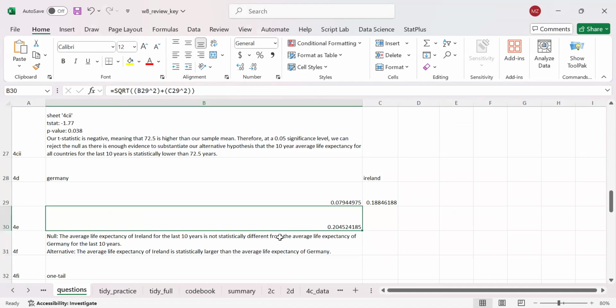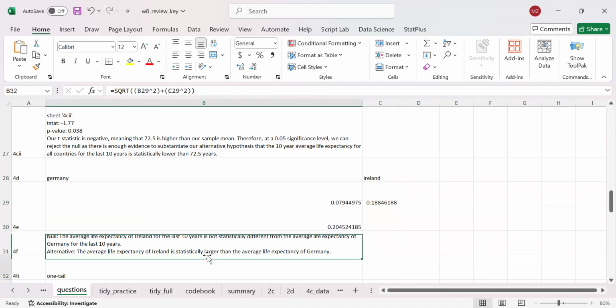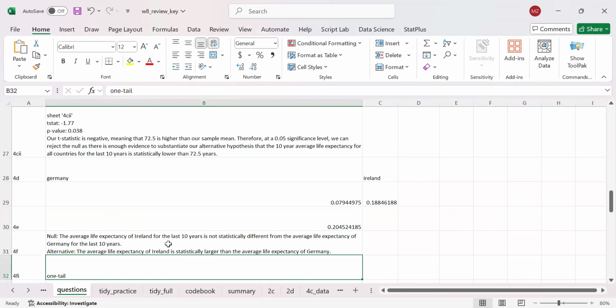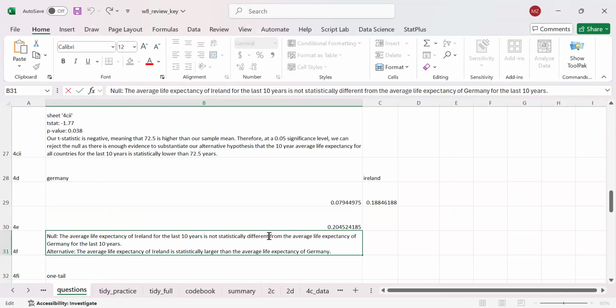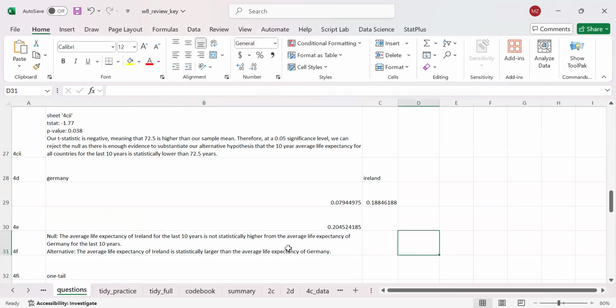So, our null hypothesis: we are interested in seeing whether Ireland's average life expectancy for the last 10 years is greater than Germany's. So the average life expectancy for Ireland for the last 10 years is not statistically, instead of using statistically different, we can use statistically higher, as the professor said, higher.